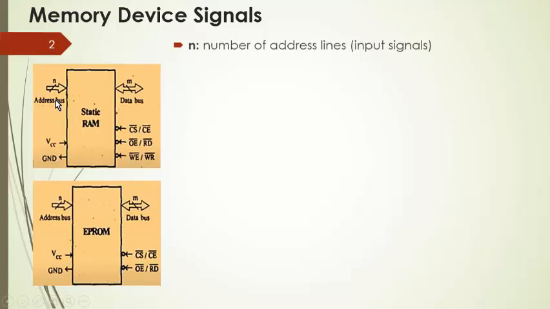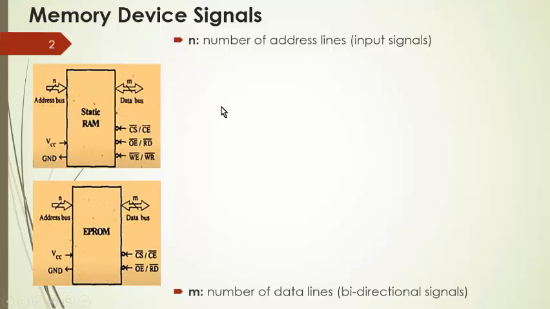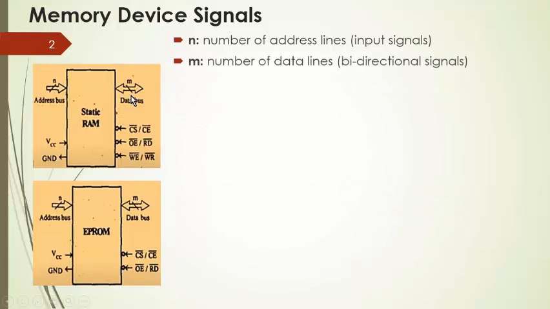So here N indicates the number of address lines. These are the input signals to the memory IC. In both ICs you will find these address lines. So depending on the memory capacity you will find N number of address lines. M indicates the number of data lines or data signals.